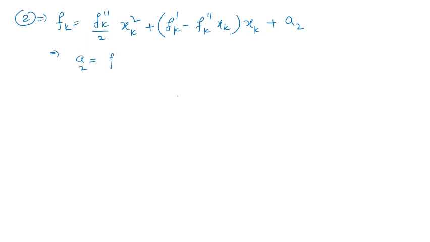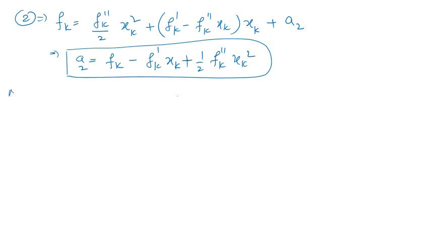After simplification, a2 equals fk minus fk dash xk plus 1 by 2 fk double dash xk square.